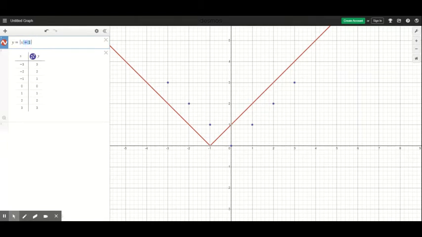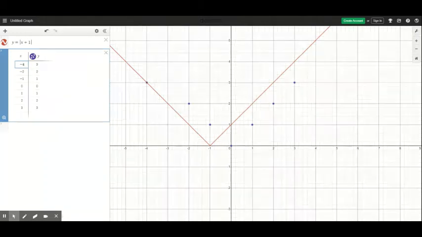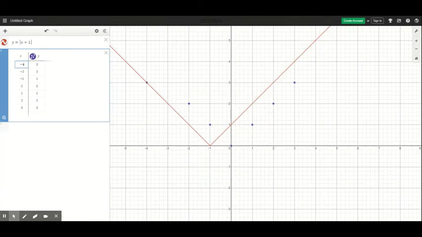And the reason for that is that if we are adding 1 to the x values, they now have to be 1 less than they were before to still have the same number inside here. And so this -3, since we're adding 1, it actually has to be -4 now, since when we add 1, then it'll get us back to -3.